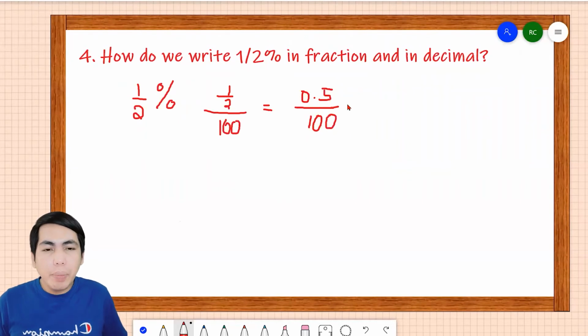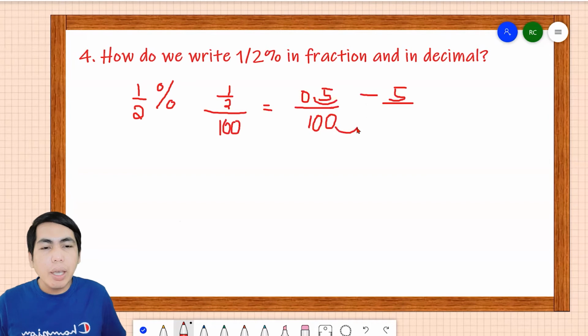So we have to make our numerator a whole number by moving the decimal point to the right. When we move 1 decimal place to the right, it will give us 5. We also have to move 1 decimal place in our denominator to the right, and then we replace this empty space with 0 to give us 1,000.